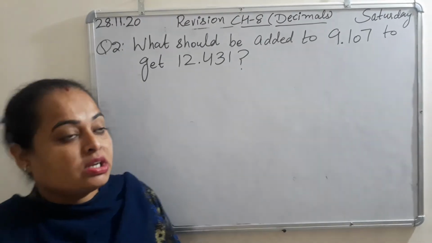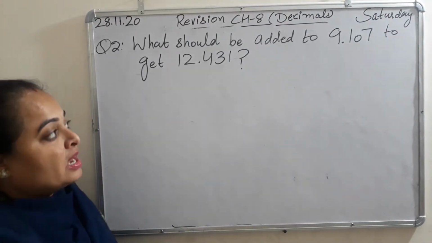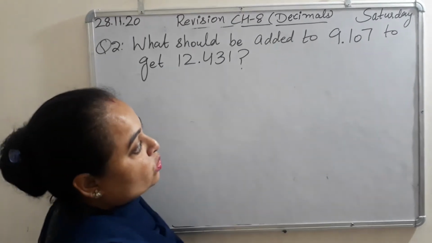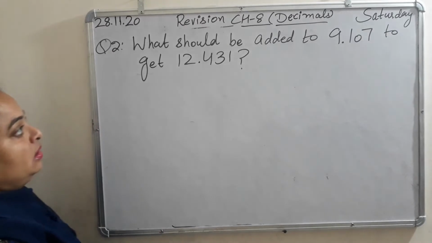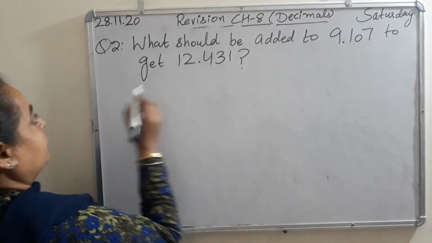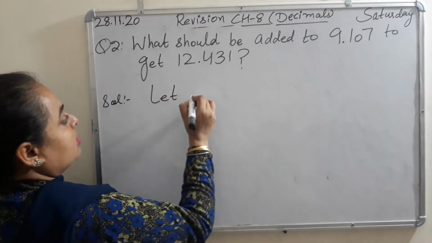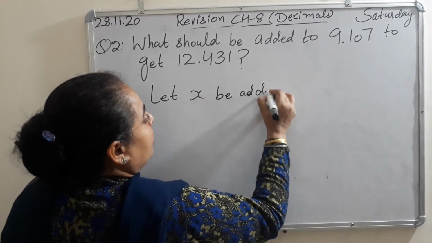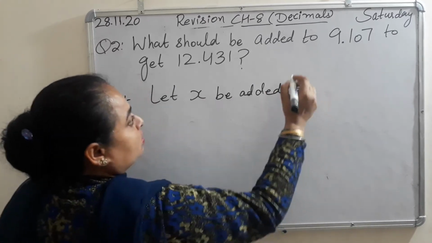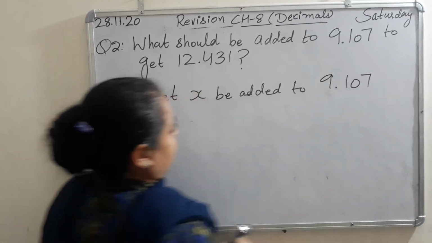Come to the second question. What should be added to 9.107 to get 12.431? Let x be added to 9.107.